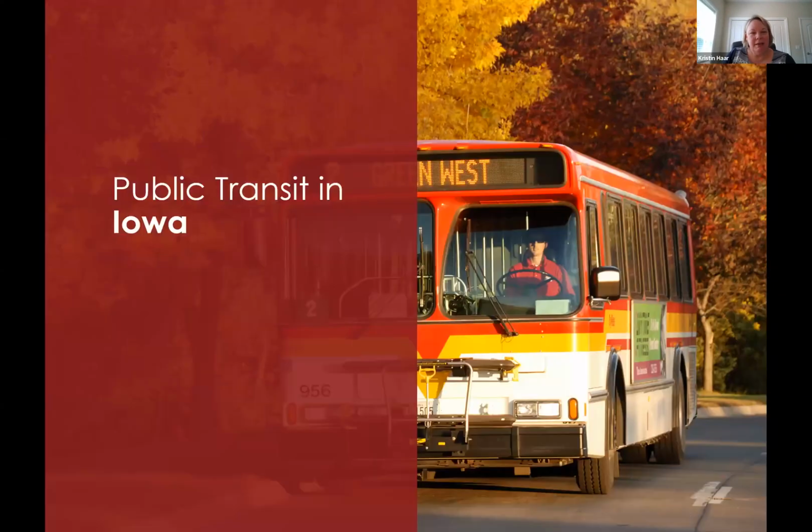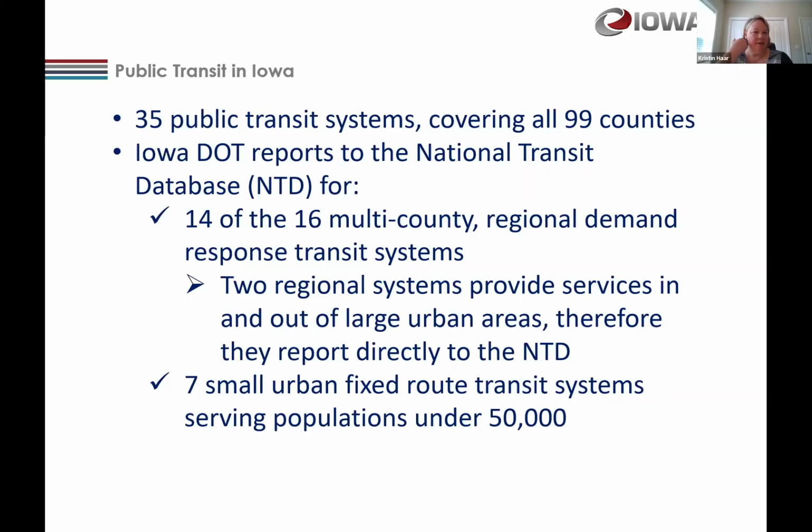I thought I'd give you a little bit of background on what public transit in Iowa looks like. We have public transit in all of our 99 counties. The DOT does the National Transit Database reporting for 14 of our 16 regional, multi-county demand response systems. The two that are left provide services in and out of large urban areas so frequently that they are direct reporters to the NTD.